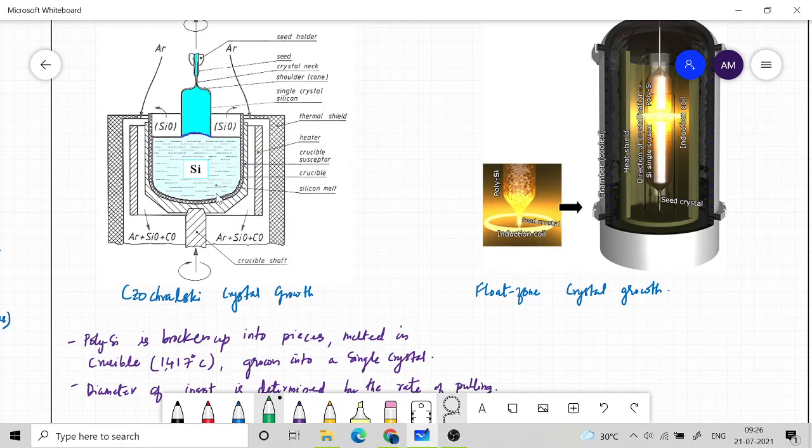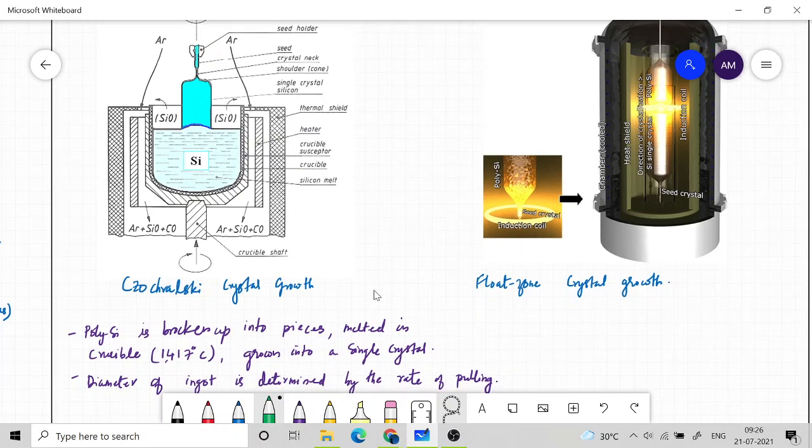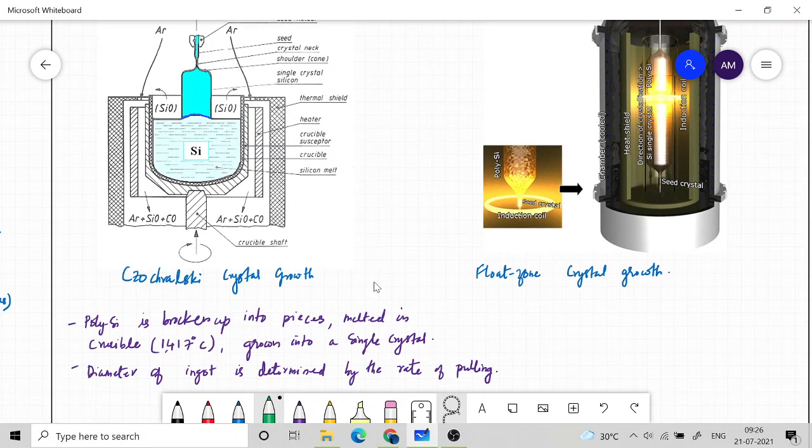So oxygen atoms, some of them will just diffuse from the crucible boundaries into the melt, and they will basically enter into the single crystal. Okay, so the purity is going to reduce because of the oxygen atoms coming out of the crucible boundaries, entering into this single crystalline material.